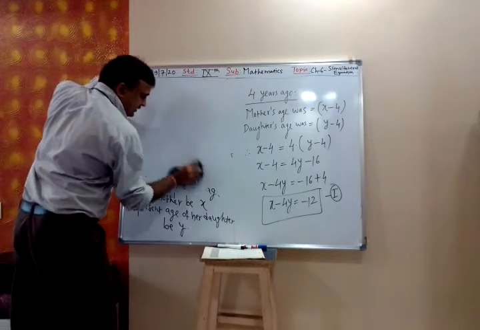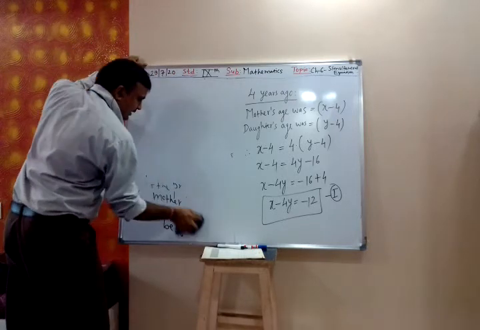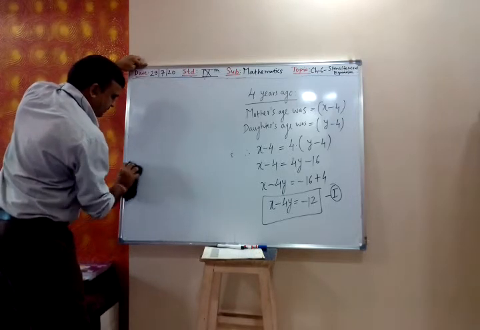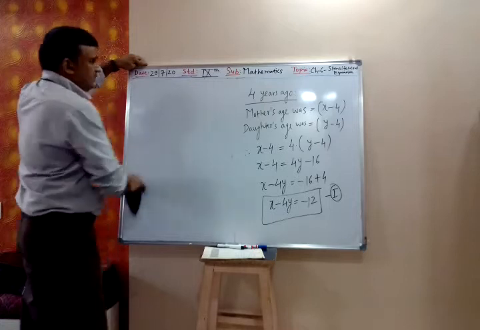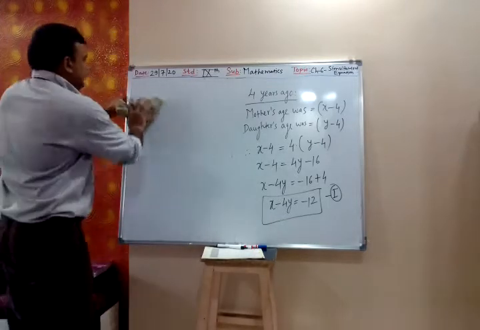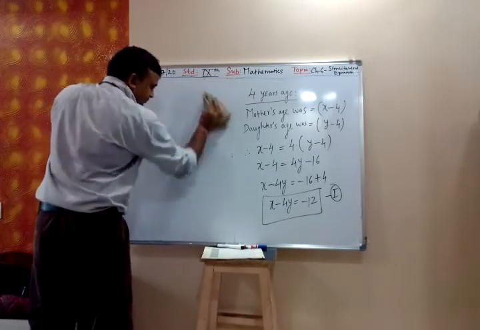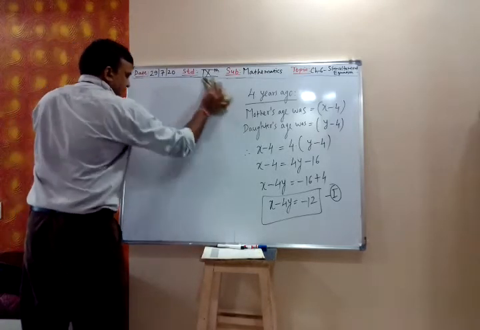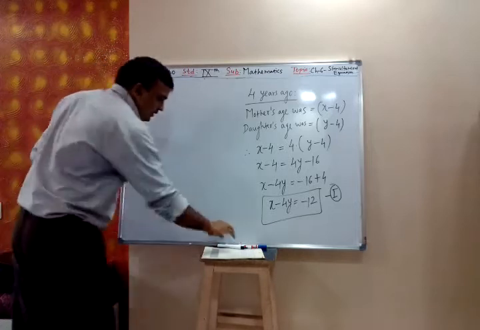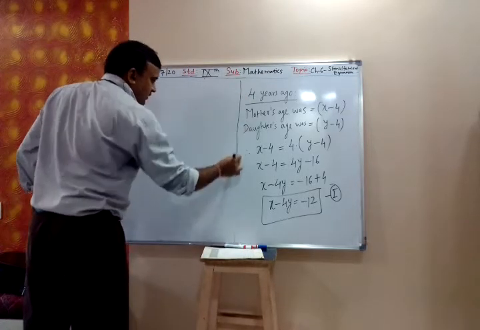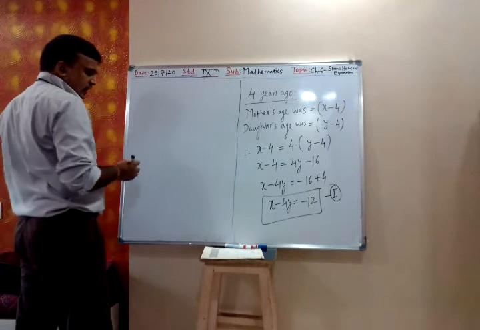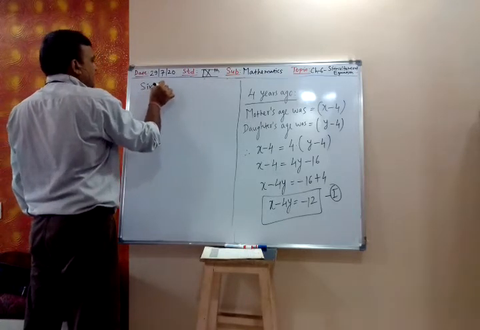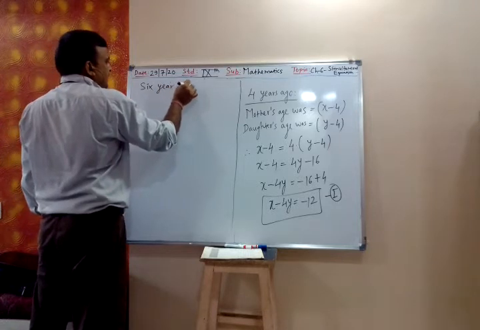Find the age of mother and daughter after 6 years. First you find the ages 6 years later, or afterward.